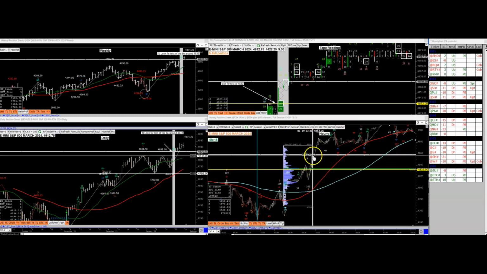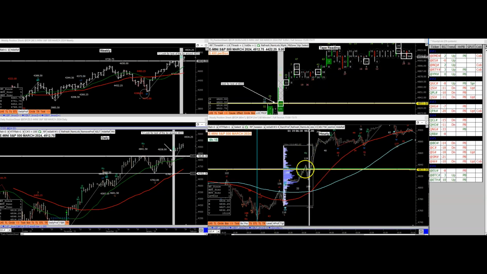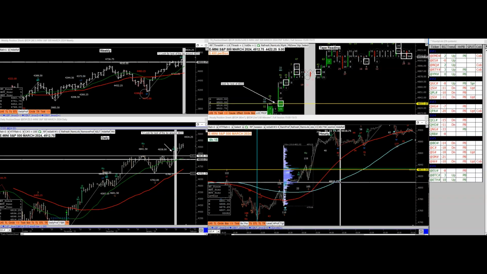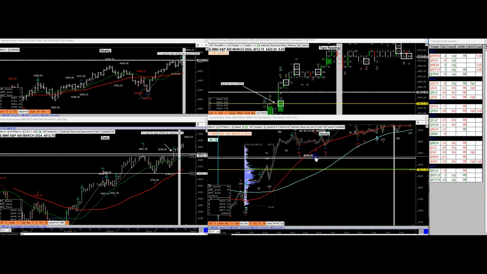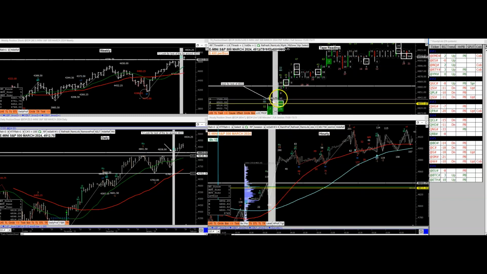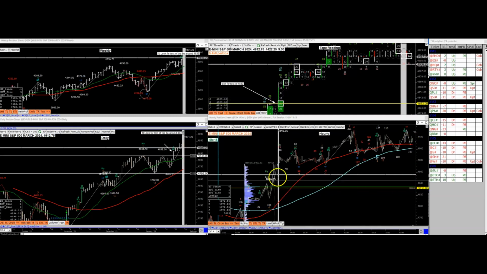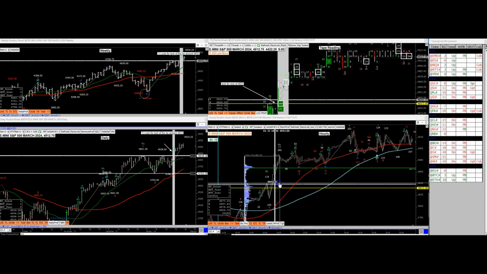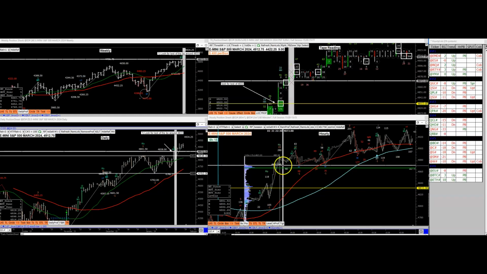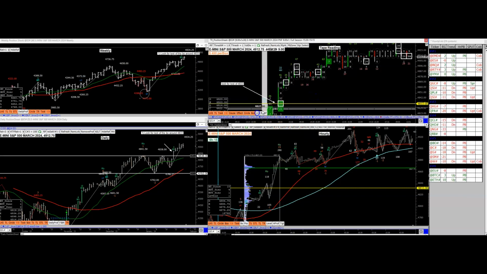So as the market pulls back into this area, you see the high volume level right there, right? I want to see how the market reacts if it starts reacting at this level, but there's also a level here, and that would be good for a spring. So let me mark that as well.